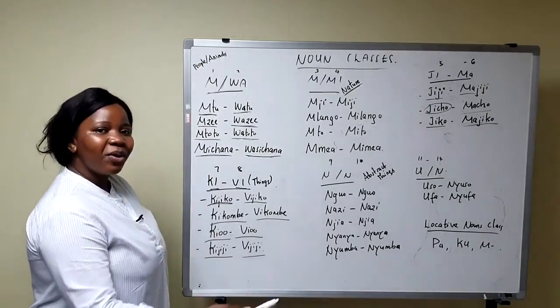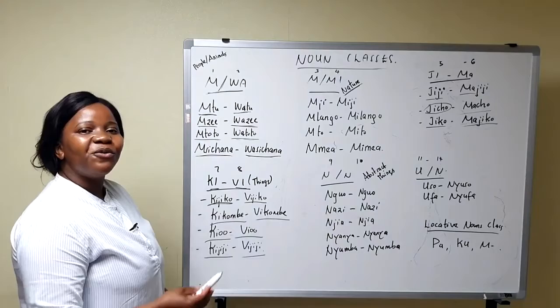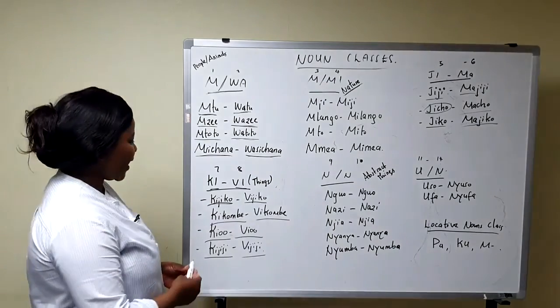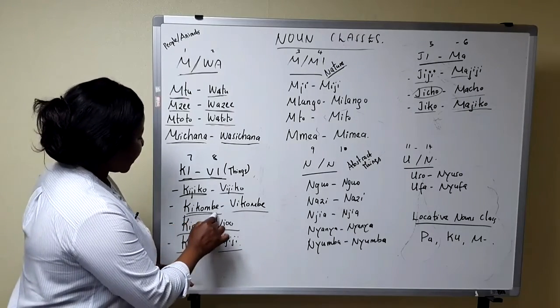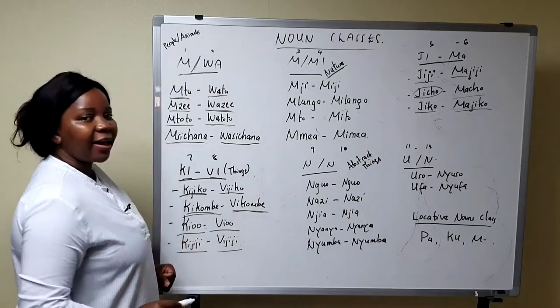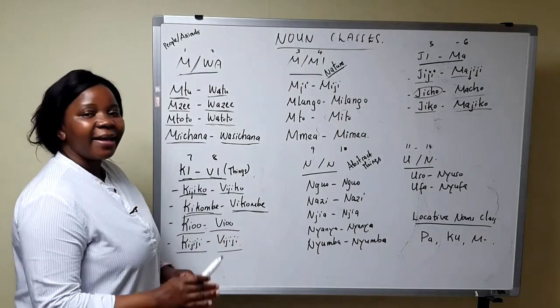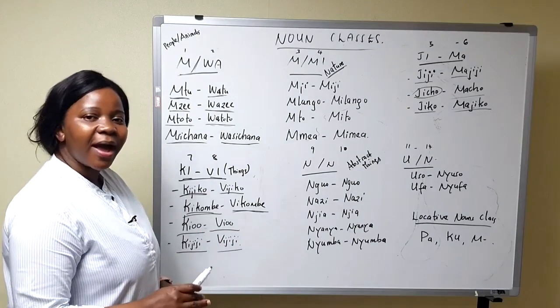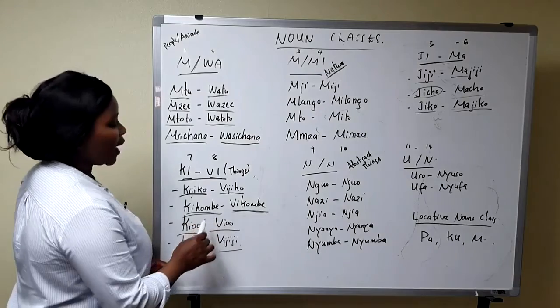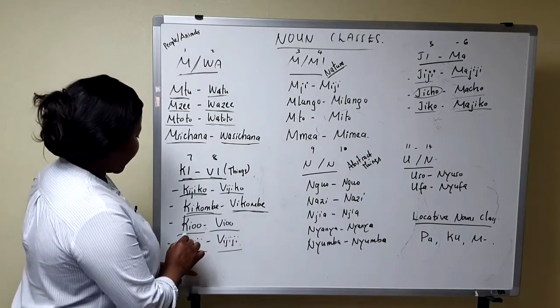So in plural we say vijiko, vijiko, okay? Kikombe, vikombe. Kikombe is a cup, and vikombe, these are cups, okay? Kikombe, a cup, vikombe, cups.